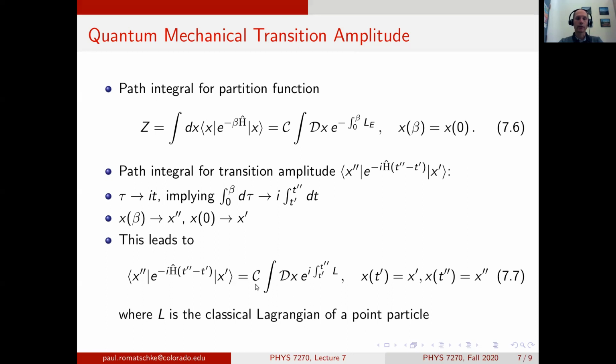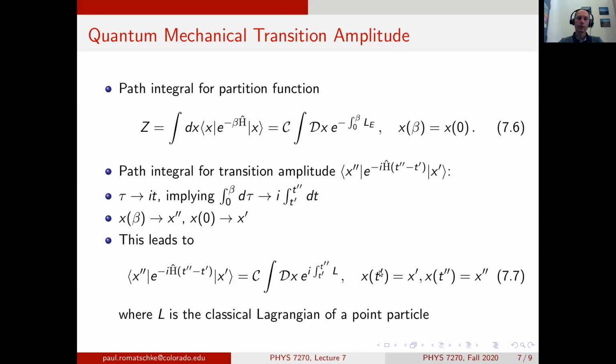We have a divergent but constant factor in front. Then we have an infinite dimensional integral over position space times e to the i integral over real time t of L, where L here is just the classical Lagrangian of a point particle.